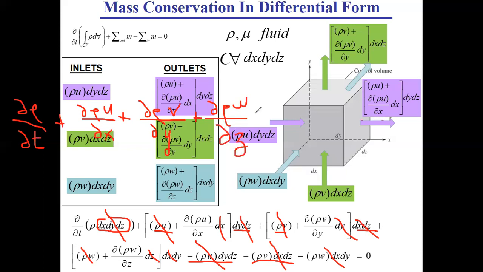Now you have several specific cases. If you deal with an incompressible fluid, then rho will be constant, so this term will cancel out, and you can take rho outside of your derivatives for all terms, and it will cancel out. So if the flow is incompressible, this equation will reduce to del u by del x plus del v by del y plus del w by del z equals 0.